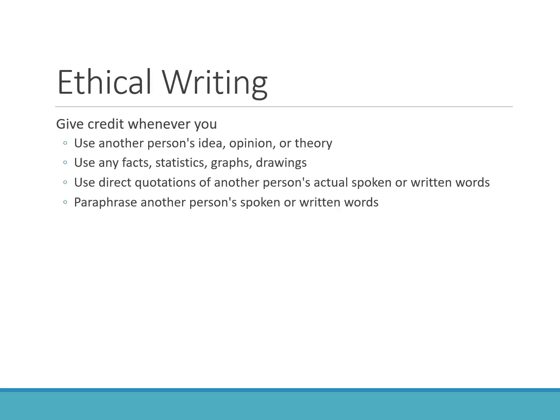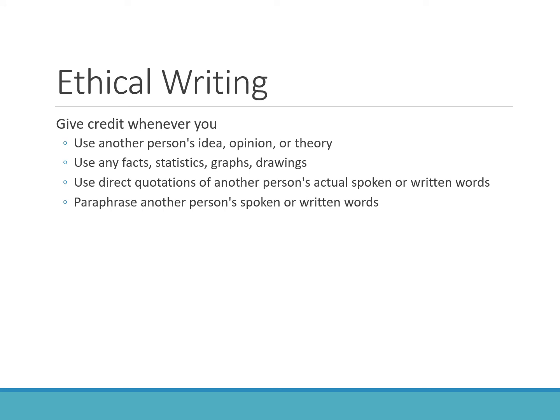Okay, so a couple of guidelines for ethical writing. The first is, here's a list of times that you need to give credit. In general, you want to give credit whenever you use another person's ideas, opinion, or theory. Anytime you're taking another person's ideas or presenting their theory or opinions, you want to make sure to give them credit.